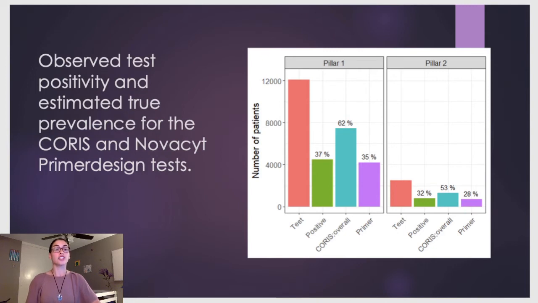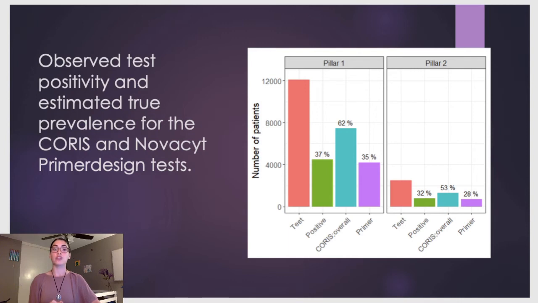The bar plot is showing the test results and true prevalence estimates based on the Chorus and Novacyte Primerdesign test sensitivity and specificity values for pillars 1 and 2 discussed previously. This plot also depicts the percentage of positive results out of the total number of tests performed.